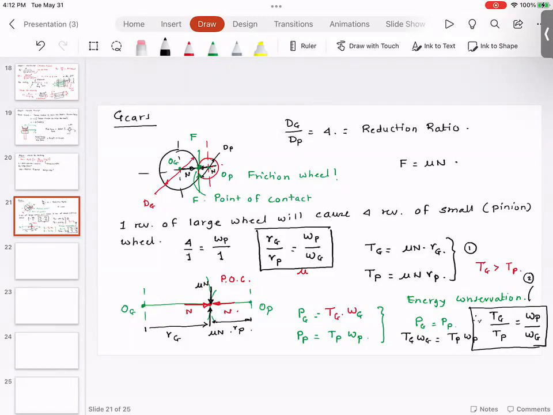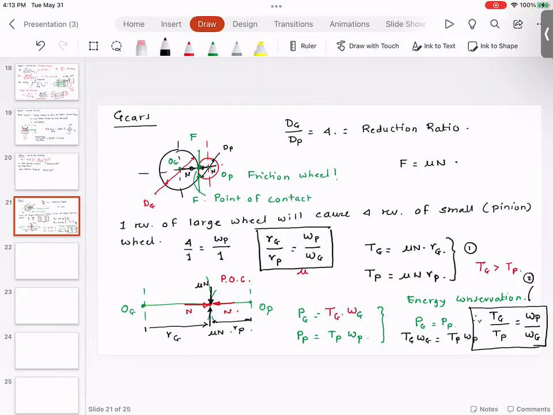The coefficient of friction would go down, which means those two wheels would start slipping. Friction wheels will not work if the friction value is low or if the friction goes to 0, and what happens is you get slip. So these two wheels will slip, but there won't be any power transmission. So that's why we want to cut teeth.